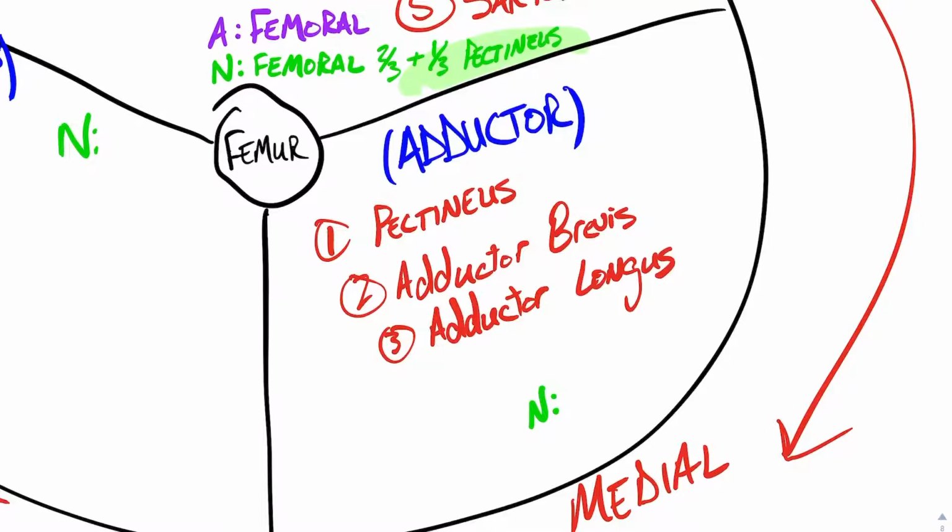And the 4th most posterior, superficial muscle, think you know it. It's the big one. It's the magnus, the adductor magnus.